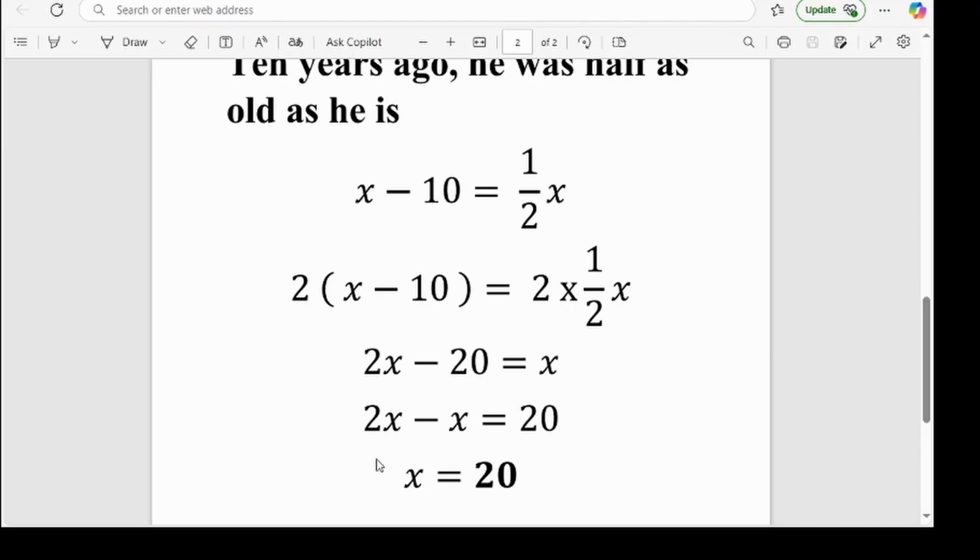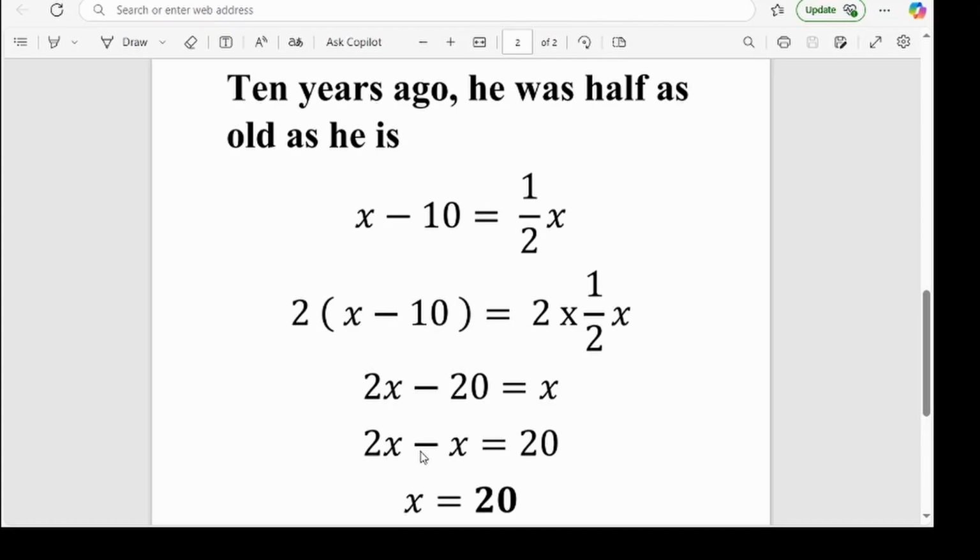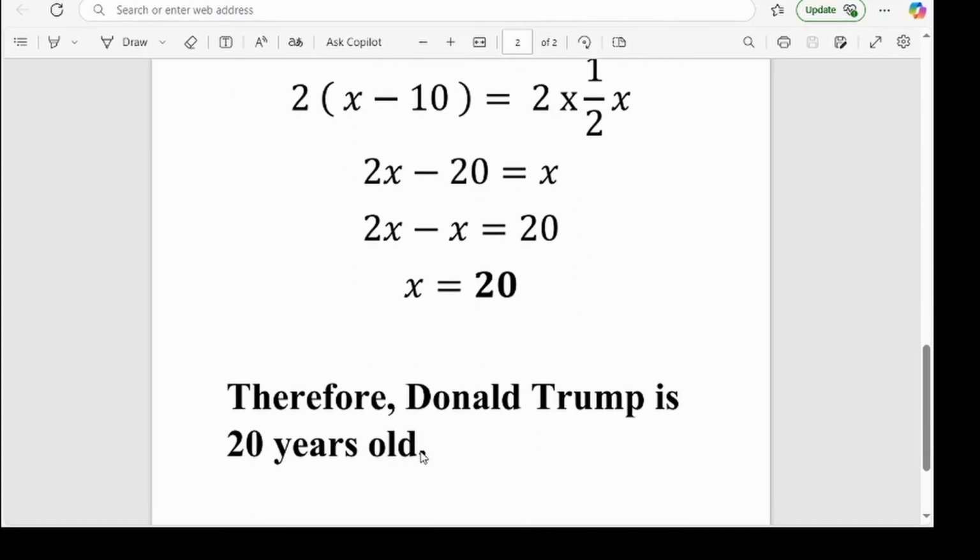So you have 2 x's and you subtract 1 x from it, you are left with just 1 x. So therefore x is 20 years old, right? So currently Donald Trump is 20 years old.